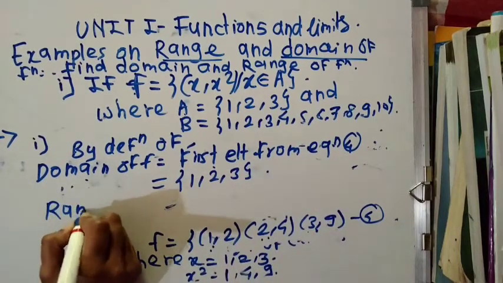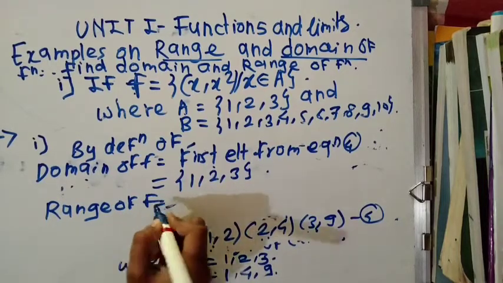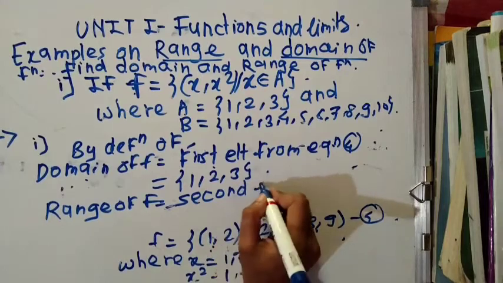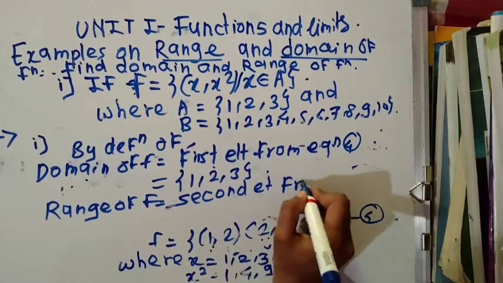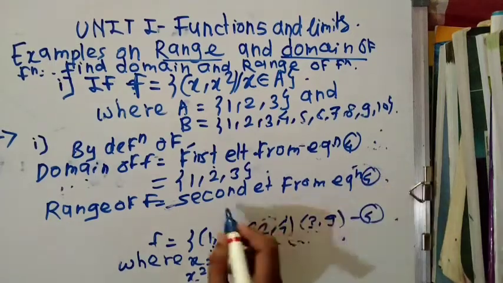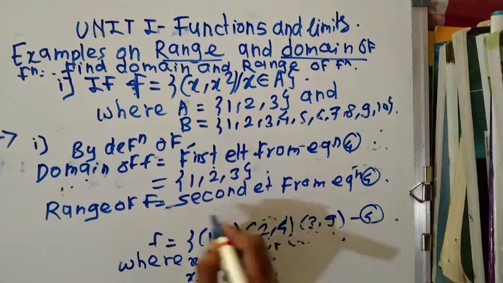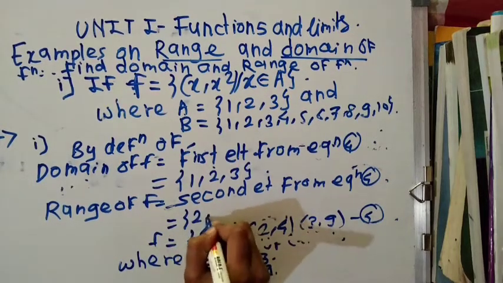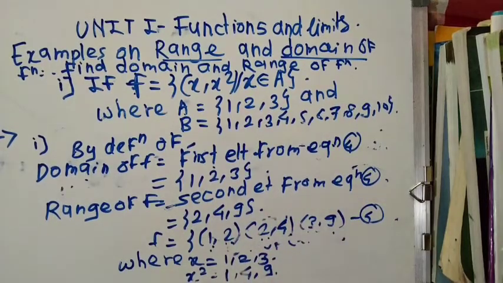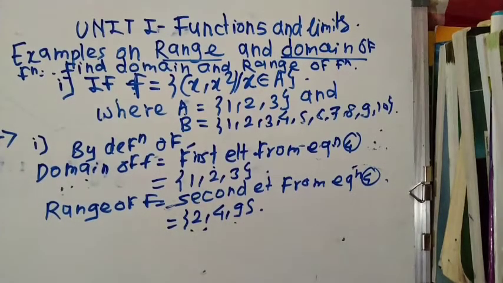And the range of f is the second element from equation 4. In equation 4, the second elements are 1 4 and 9. So 1 4 and 9, hence it is the domain and range of the function.